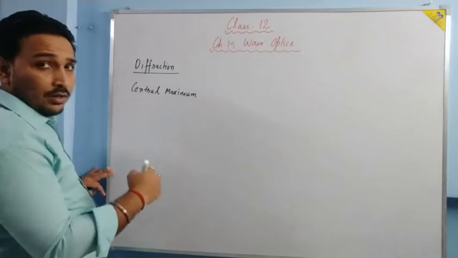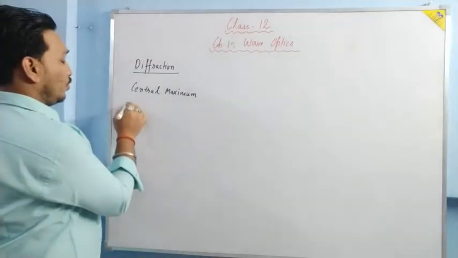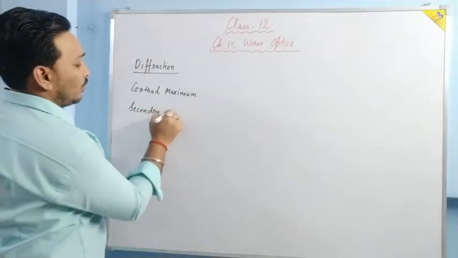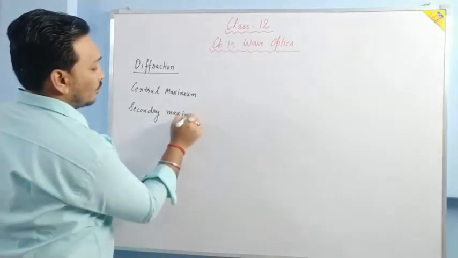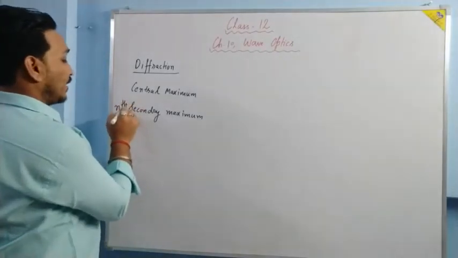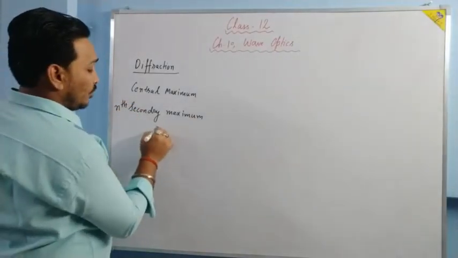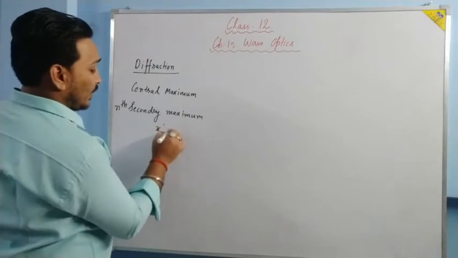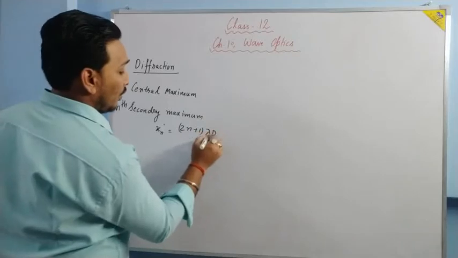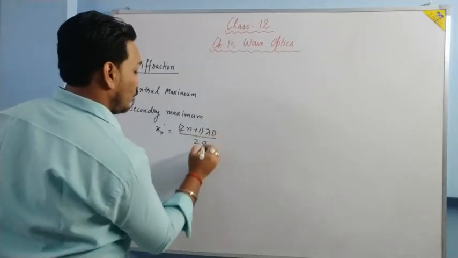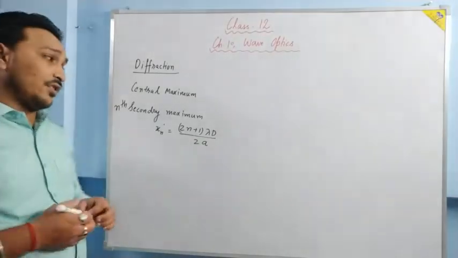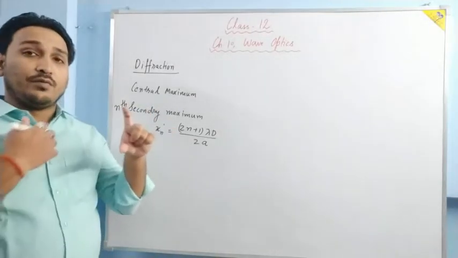Then after that, other maxima are formed, which are called secondary maxima. For the nth secondary maximum, we have its position as xn dash equal to (2n plus 1) lambda D by 2a, where capital D is the distance between the slit and the screen, and a is the slit through which the light is passing.